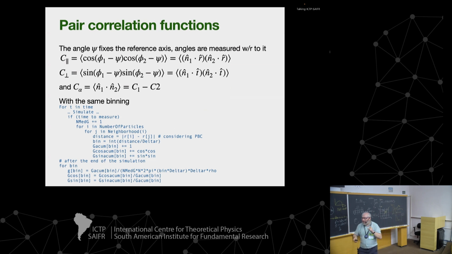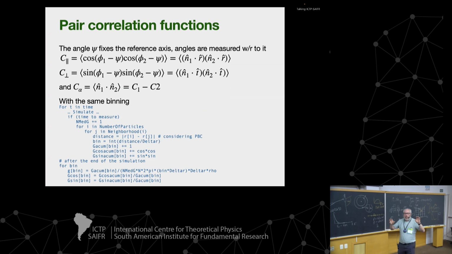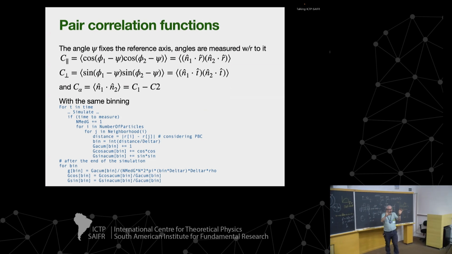Why is it non-trivial? Because particles interact by excluded volume, but I didn't put any aligning interaction. Every particle is moving its director randomly, independently. Anyway, you're going to get some correlations on the directors.